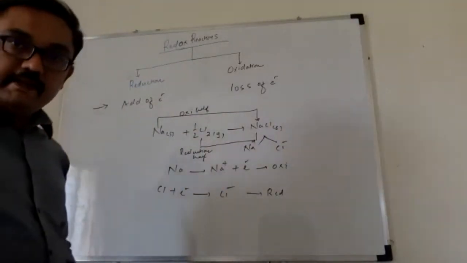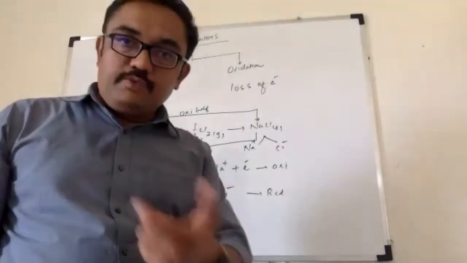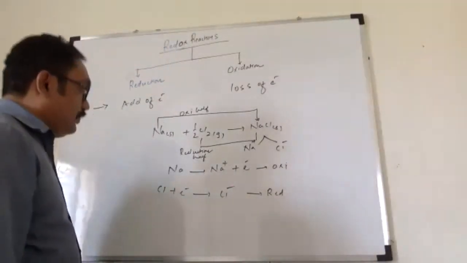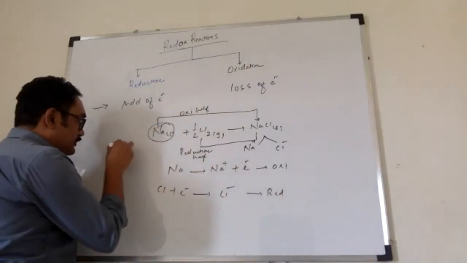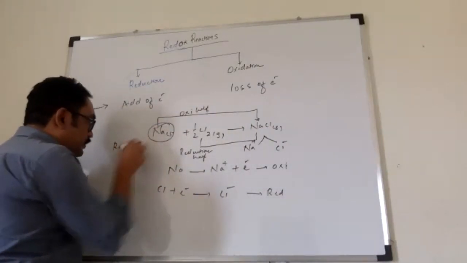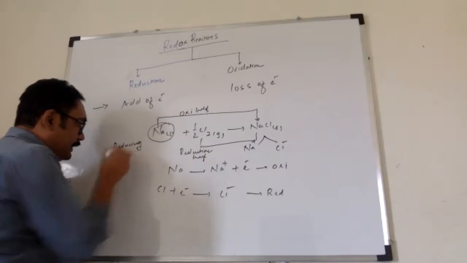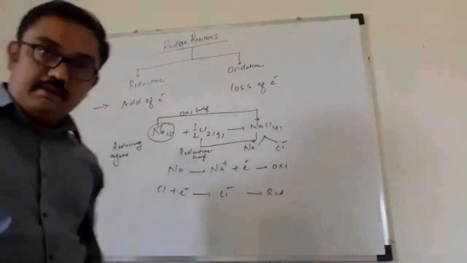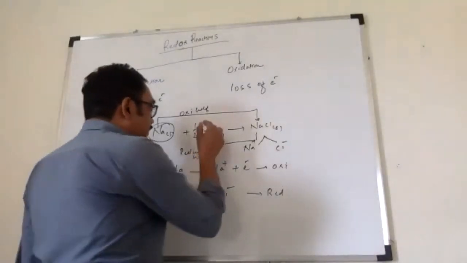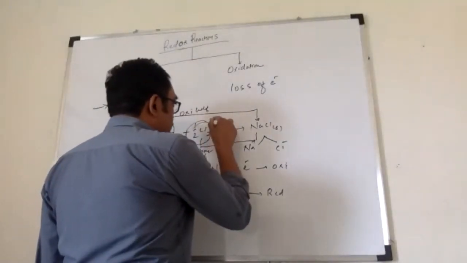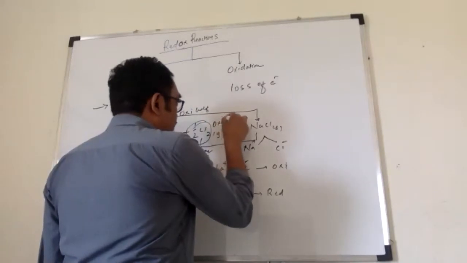As I said, the one which undergoes oxidation is a reducing agent, so sodium here is the reducing agent, and the one which undergoes reduction acts as an oxidizing agent, so chlorine here is the oxidizing agent.